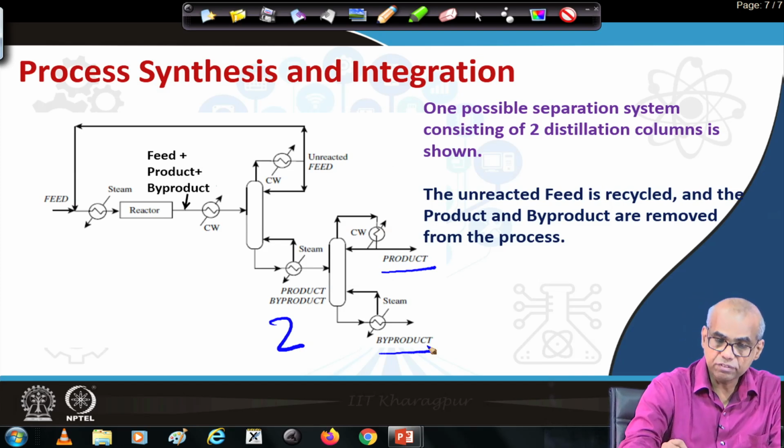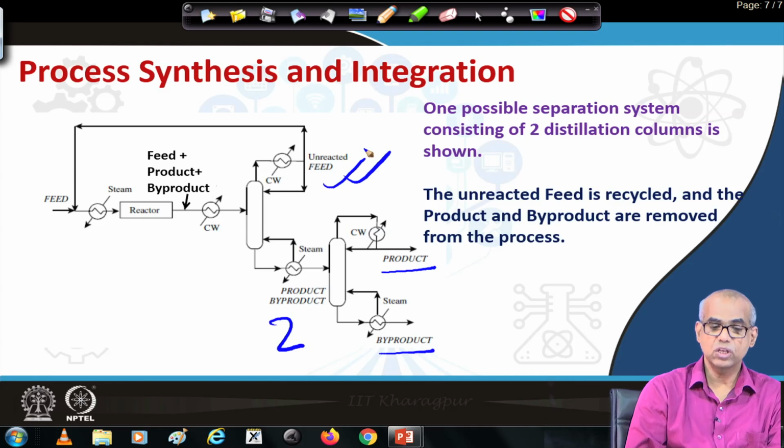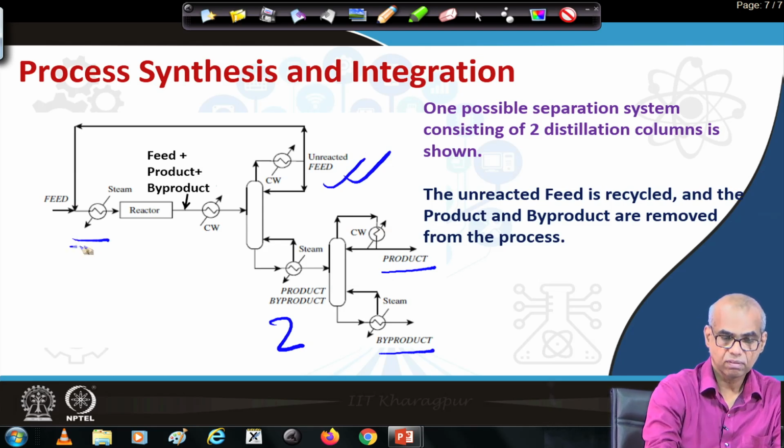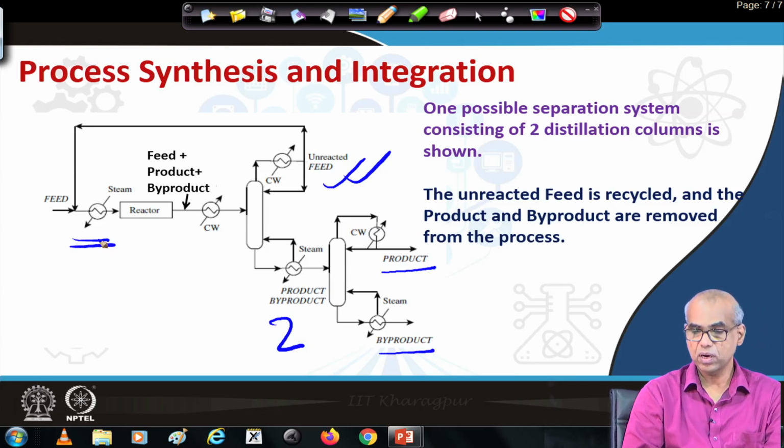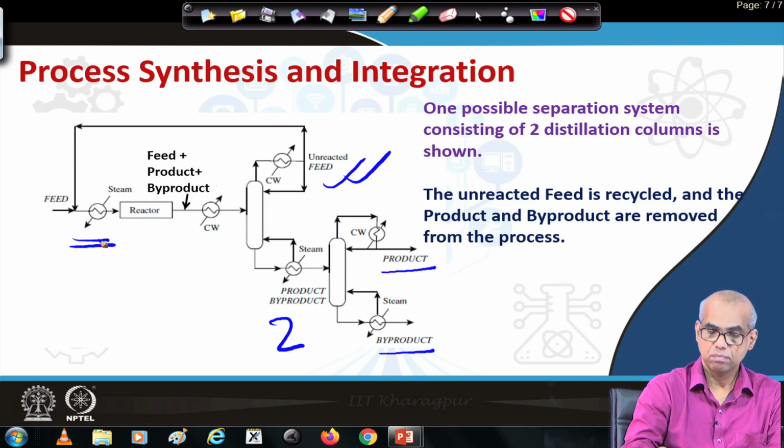So, the unreacted feed is recycled to the reactor. Before entering the reactor, it mixes with the feed so that it can be preheated, and the product and byproducts are removed from the process.